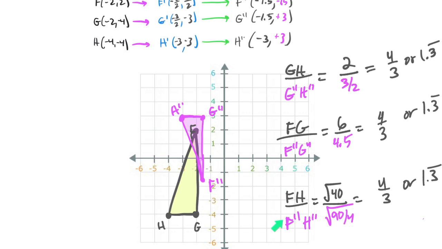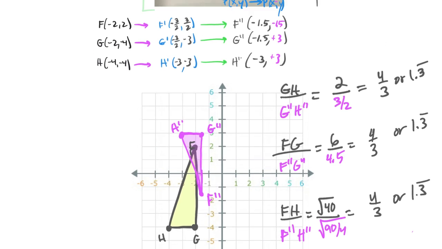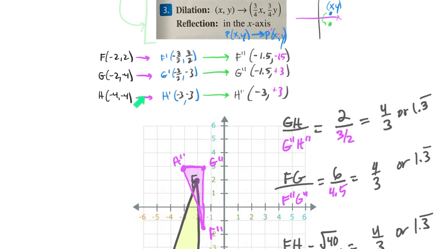Same thing for the hypotenuse. If you use the distance formula, the black hypotenuse divided by the pink one is root 40 over root 94, which is 4/3, or 1.3 repeating. So that wasn't something this problem asked you to do, but remember, if you do a similarity transformation, which involves a dilation, then your shapes will be similar.